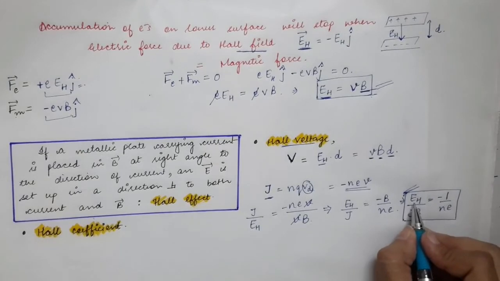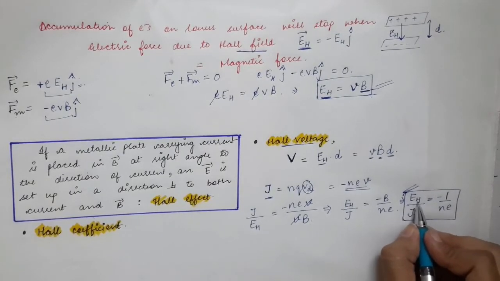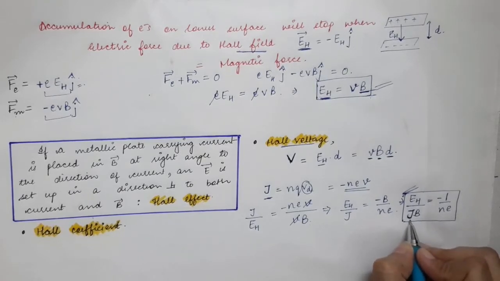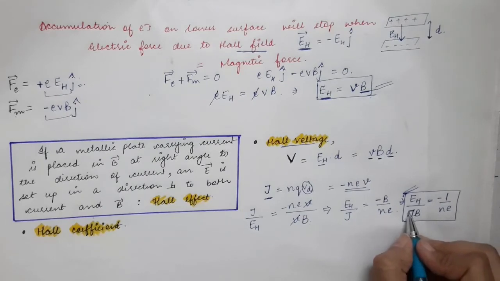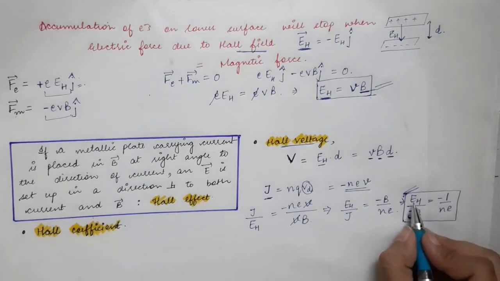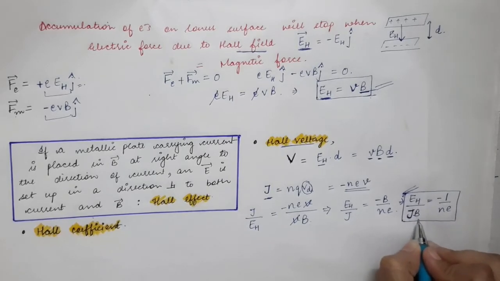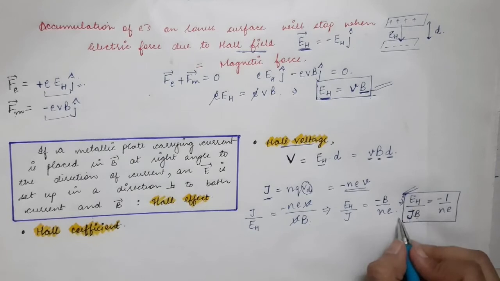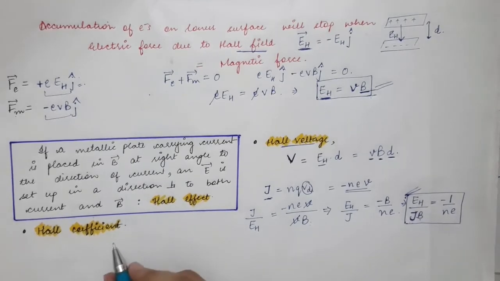Here EH is the Hall electric field, J is the current density present inside the conductor, because as we have said, current is flowing through the conductor and there will be a corresponding current density, and B is the magnetic field applied to the conductor. The ratio of the Hall electric field to the product of the current density and the applied magnetic field is called the Hall coefficient.